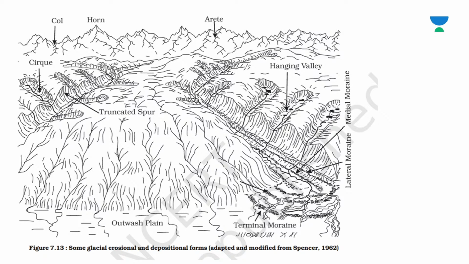So these cirques are the most common landforms in glaciated mountains. Quite often they are found at the heads of glacial valleys. The accumulated ice cuts these cirques while moving down the mountain tops.